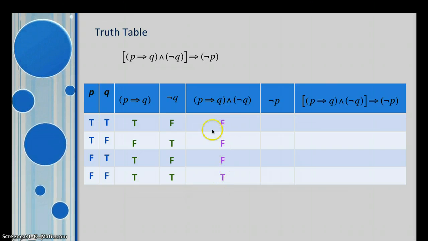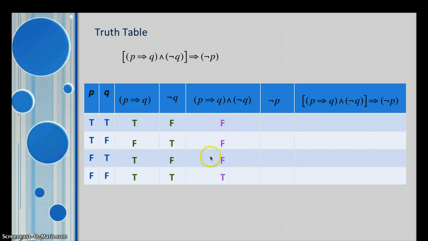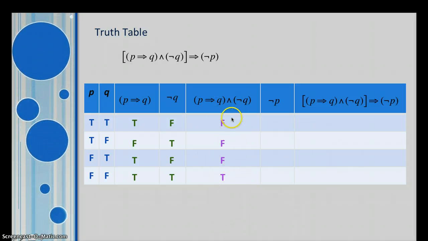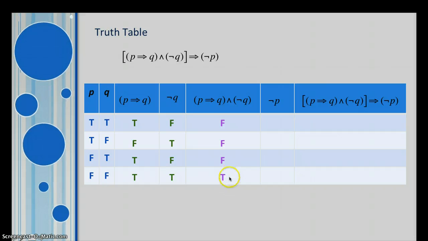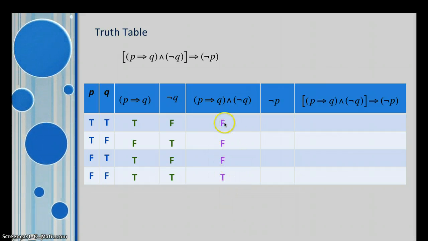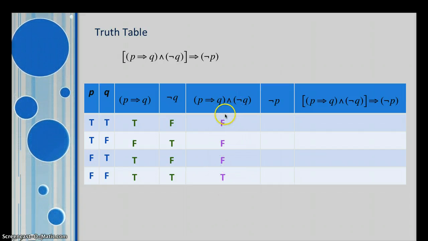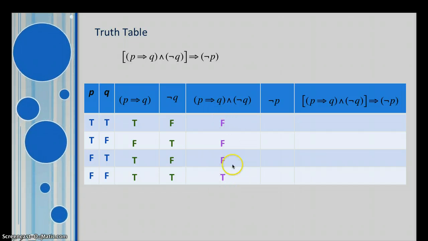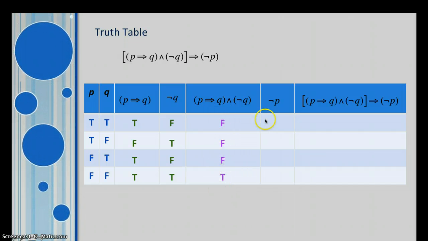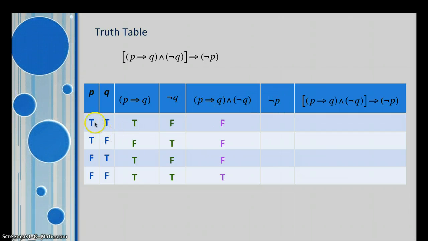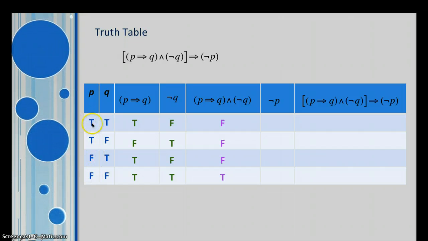If we're looking at this column, trying to find out the type of argument, we have 3 false statements and then 1 true. So if you still remember, if we analyze this argument, this is an invalid argument. Now for this column, the 6th one, it's just the negation of P. We look at the first column and we just negate them.